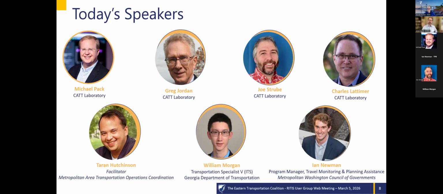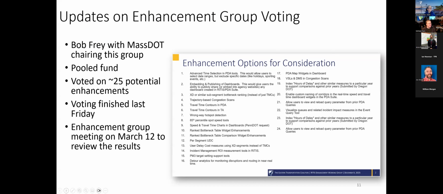Just some quick updates on the RITIS Enhancement Group. It is the group of different states that look over all of the potential enhancements that have been offered up by users or proposed by us. They meet once a quarter. Bob Fry with MassDOT leads this effort, and the states contribute funding that is then used to pay for new features and enhancements in the system.